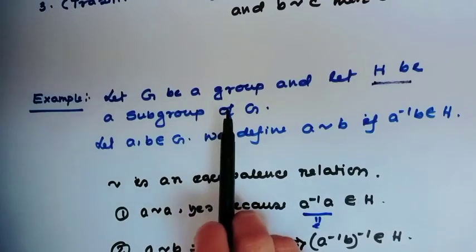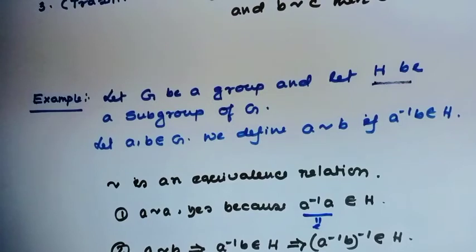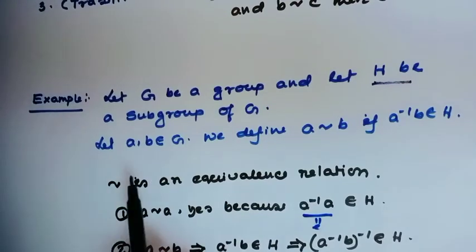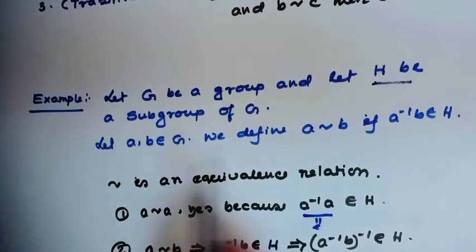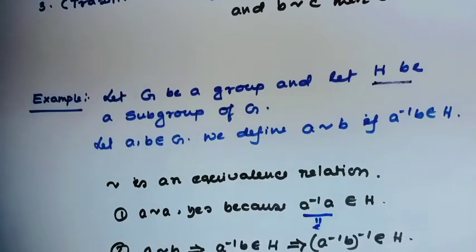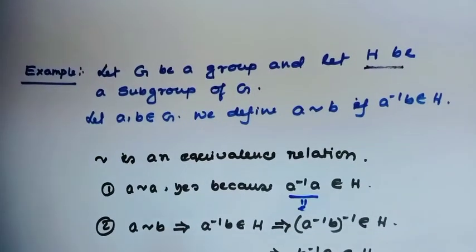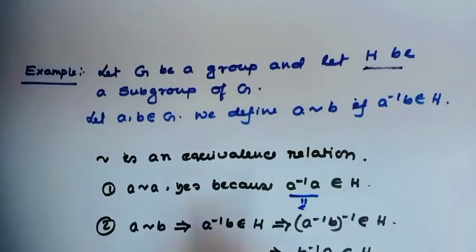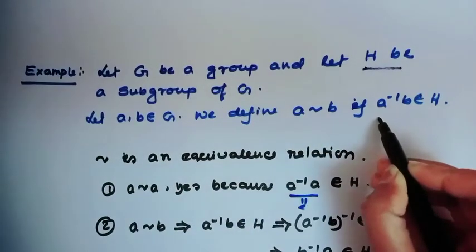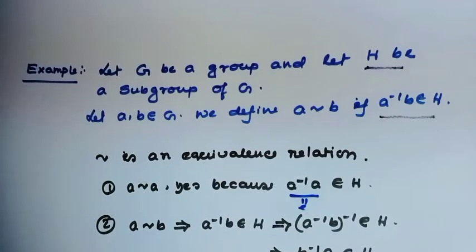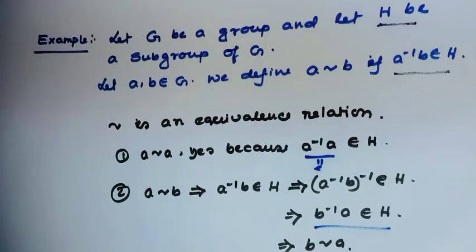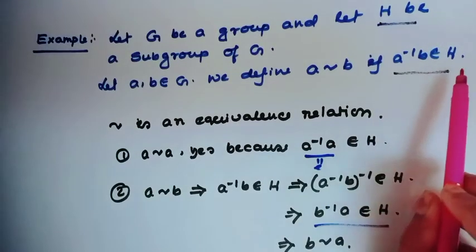Okay? Well, let's see an example. Let G be a group and S be a subgroup of G. And let a, b be any arbitrary elements of G. Now, we define a is related to b if a inverse b is a member of S. We have to prove this is an equivalence relation.